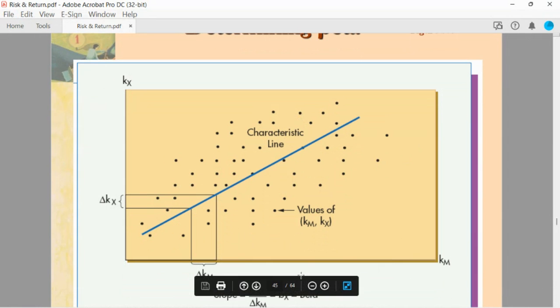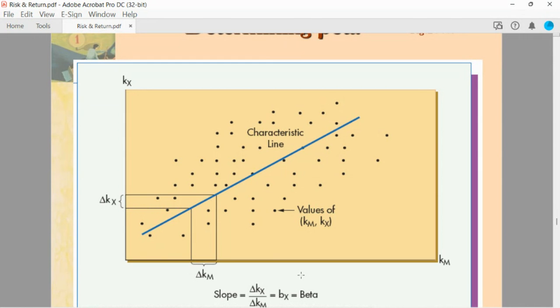The data can be downloaded. We can download the S&P 500 for the last 60 months, 5 years, which is the market index. And we download Apple's monthly return for the last 5 years. So we have 60 data points for Apple and 60 data points for the S&P 500, starting from January 2016.